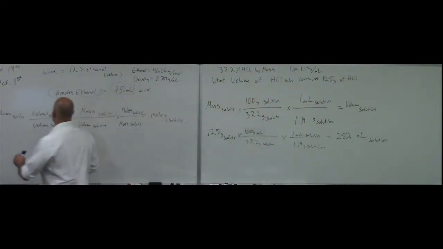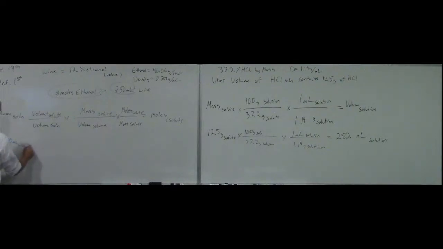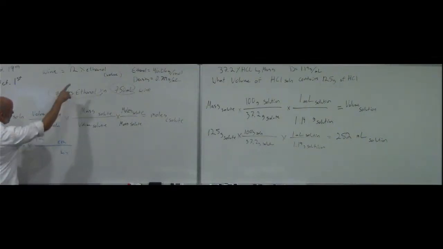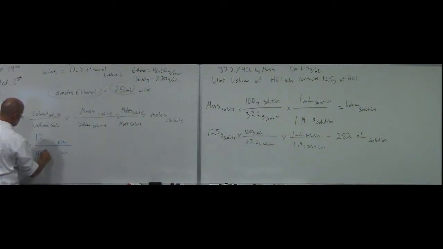So what's the volume of my solution? 750. 750. Okay. Keep in mind this here, right? 12% ethanol. So my wine's going to need to go down here, my ethanol is going to need to go up here. It's 12%, 12 particles of ethanol for every 100 of wine, right?